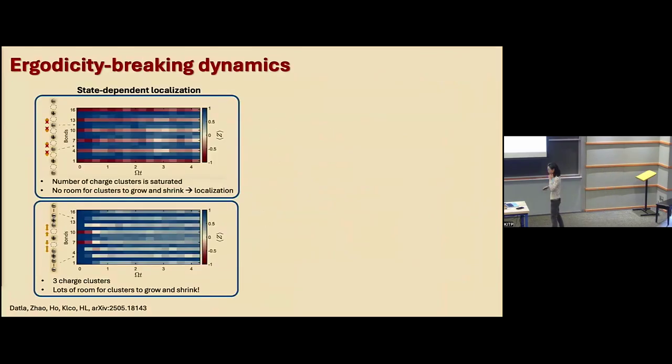Okay, to check that we do actually have Hilbert space fragmentation in this new Hamiltonian, the V1 model that I talked about, we also look for state-dependent dynamics to begin with. And one thing that we observe, for instance, is state-dependent localization. So here you see that you have some initial state, and then you let it evolve over time. It doesn't really change. A lot of things are frozen. And that's not always the case if you start from a different initial state.